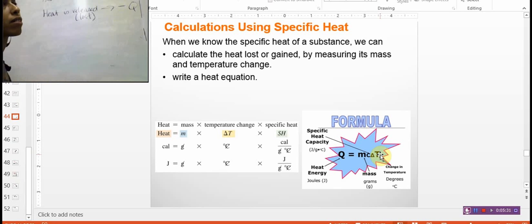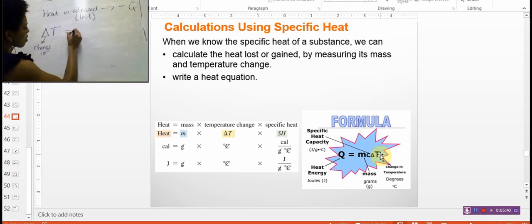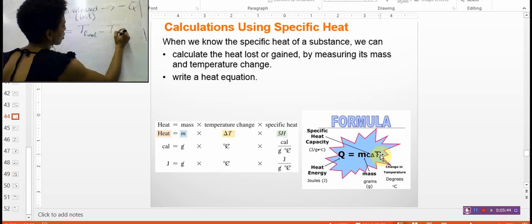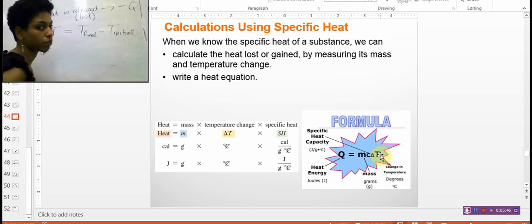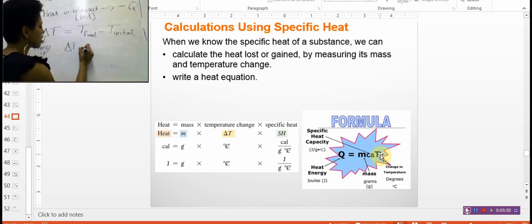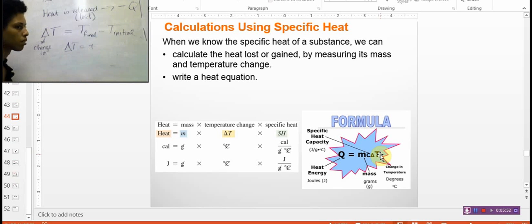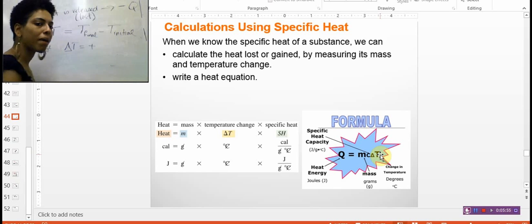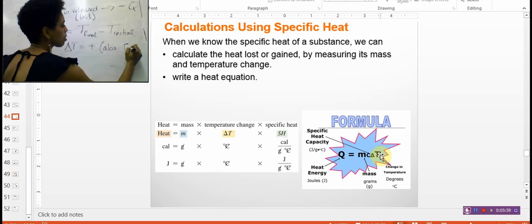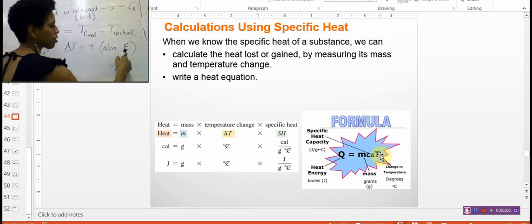And if we're thinking about changes in temperature, delta means change in, so delta T is always going to be the final minus the initial temperature, right? So if my delta T is positive, am I absorbing or am I releasing heat energy? We're absorbing energy.